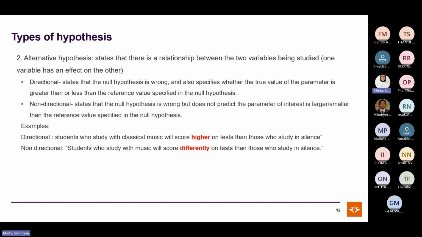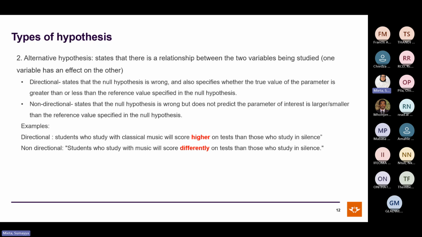Okay, and this could be because there might be such great variations that one individual scored 5 times higher and another individual scored worse off because their attention span differs and they focused more on the music instead of studying. So they actually needed to be able to study in silence to score a higher grade. Okay, so that is the difference between the two types of alternative hypotheses.